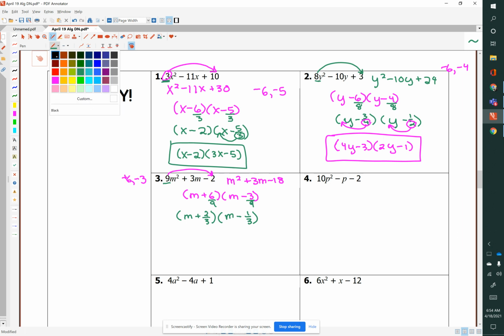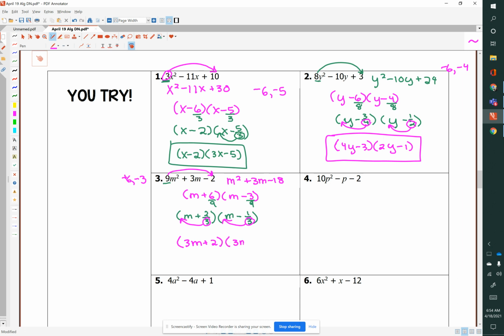And now I'm going to have two leading coefficients in my final work, because the 3 will slip in front of the m in the first and second. They're both going to have 3 m's. So I end up with 3m plus 2 and 3m minus 1 as my final answer. Remember, you can always check them by using FOIL, first, outer, inner, last.